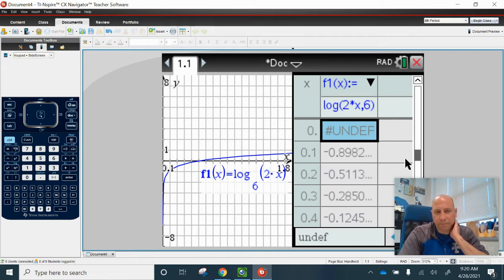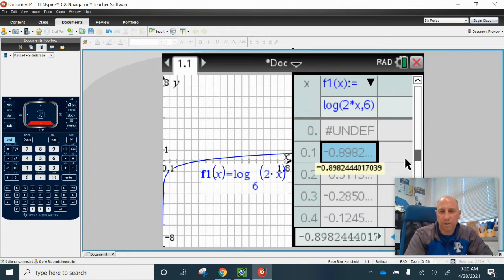All right. So now we can graph our values. We know 0 is undefined. 0.1 is -0.8.